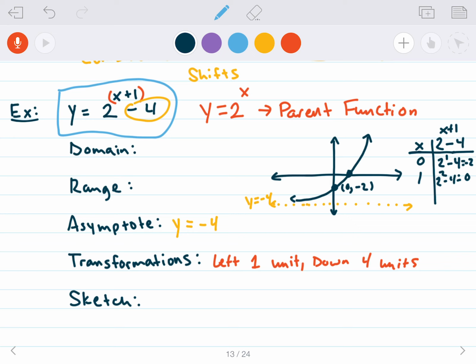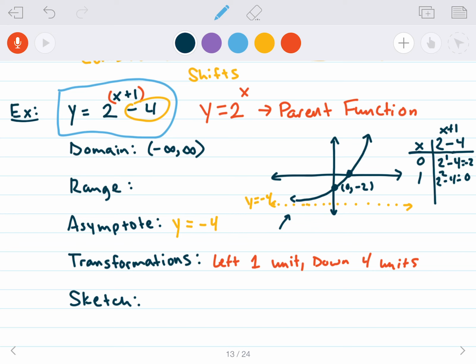So the domain here is going to be all real numbers, -infinity to +infinity, just like it always is. We have no restrictions for what we can put into the argument here. The range, on the other hand: what's the lowest y value this thing will obtain? Well, it's going to hug that horizontal asymptote forever.